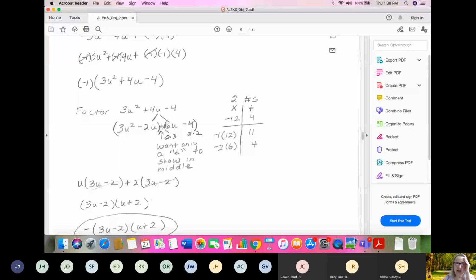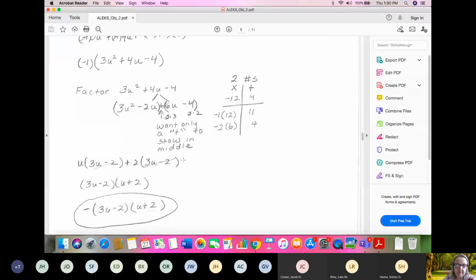And that's the strategy for 4 terms, which was on that strategy document that I presented earlier. So now what we want to do is factor out of each pair of terms. Here's the first pair. The only thing that this term here and this term here have in common is a u.